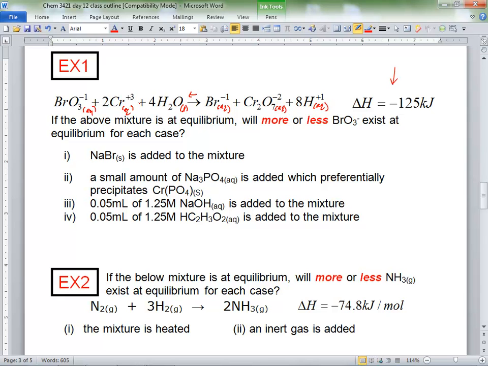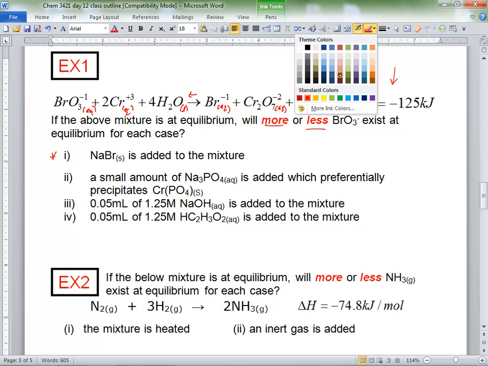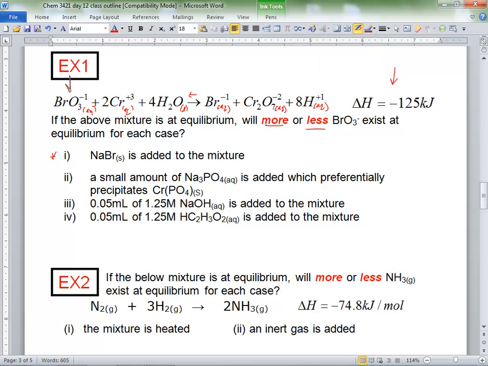Okay, so the question is, will we have more or less bromate if we add sodium bromide solid to the mixture? Eustacio, let's see if you remember how to play this game. Where is the bromate? Oh, there it is. The bromate is way over there on the reactant side. Here's our bromate. Number 1.